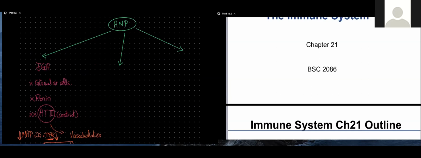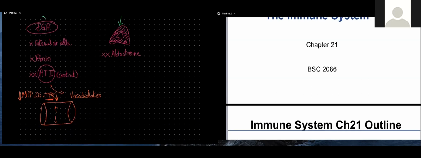Another target organ for my atrial natriuretic peptide will be my adrenal cortex. If you remember, the adrenal cortex releases aldosterone. So here the atrial natriuretic peptide is going to be inhibiting the adrenal cortex from releasing aldosterone. And if you're not releasing aldosterone, remember, you're going to be losing those 10% of the sodium out in the urine.